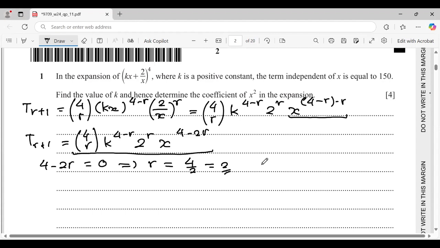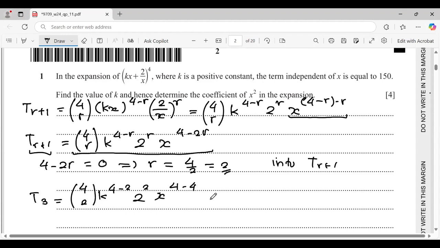Next, substitute r equals 2 into T(r+1). It becomes T3 because 2 plus 1, T3, right? So it becomes combination 4 choose 2, k to the power 4 minus 2, 2 squared, x to the power 4 minus 2 times 2.